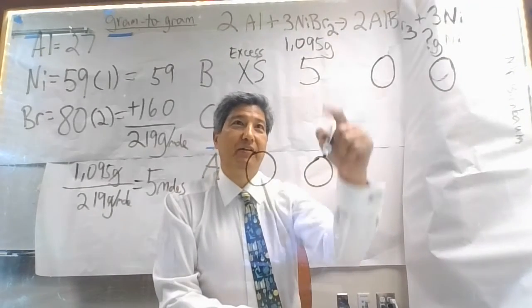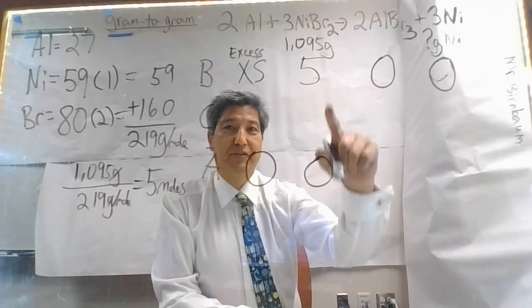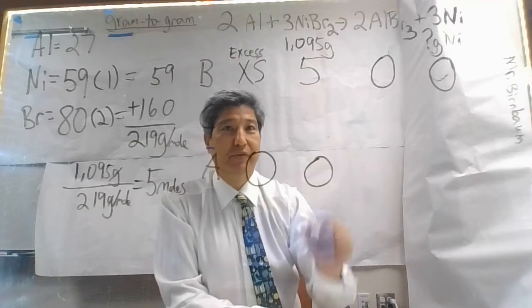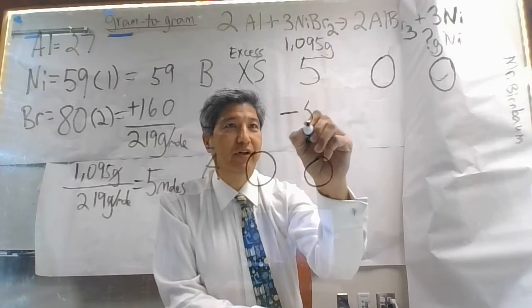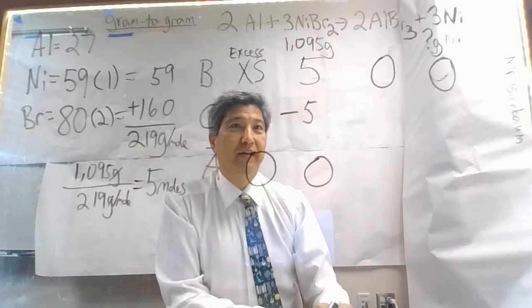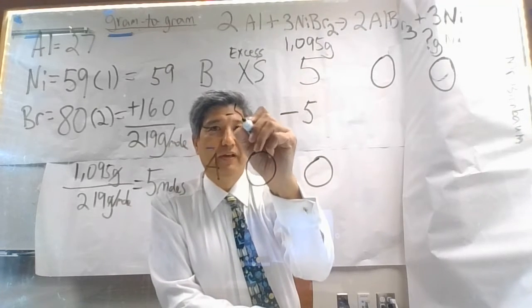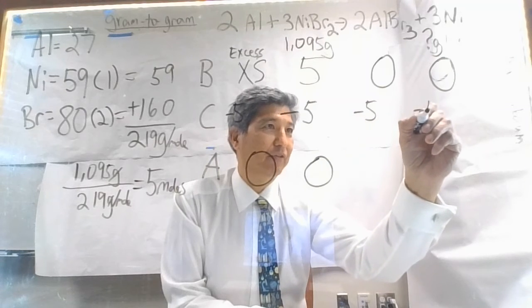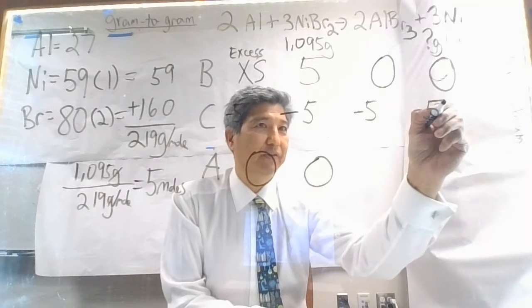So if I start off with 5 moles of NiBr2 and I end up with nothing, how many moles of NiBr2 did I use? Well, I used 5. So my change is minus 5. I'm going to use this as my common number that I'm going to be converting from all the way across.